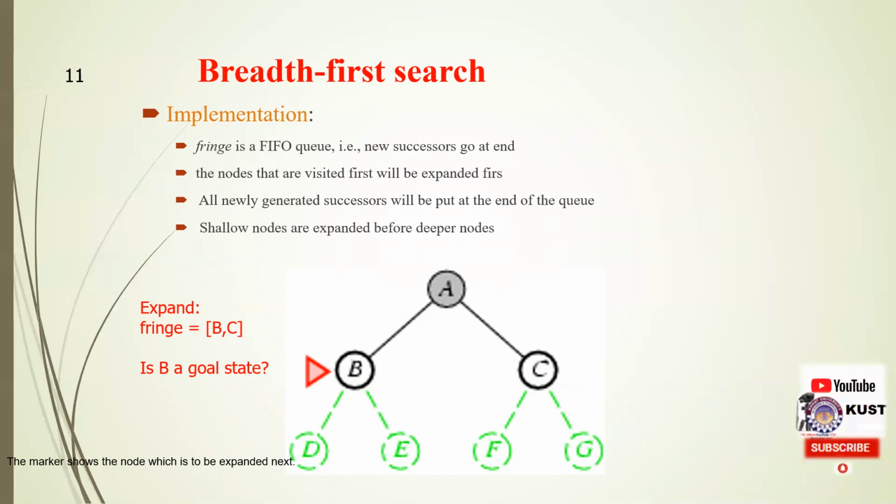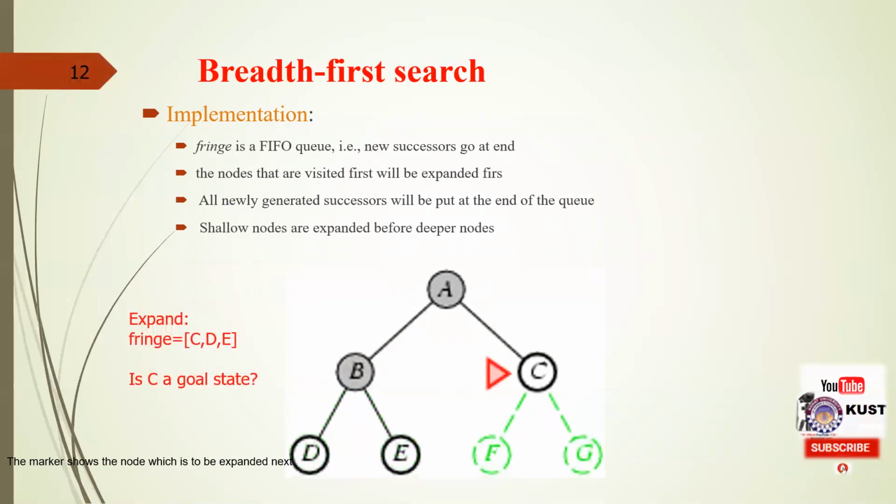Now the node B will be checked whether it is a goal state or not. If it is a goal state, the algorithm will stop. If not, it will again extract its child nodes, which are D and E, and put them into the fringe.